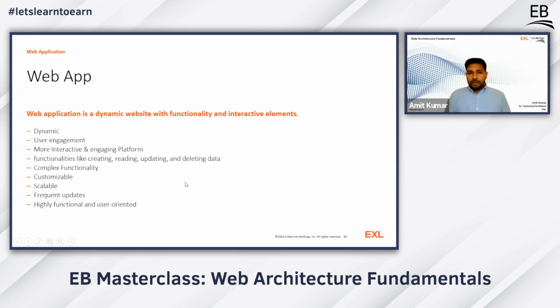So all these items define a web application. Now we know the difference between a web page, website, static website, and dynamic website, and that web applications are just advanced dynamic websites.